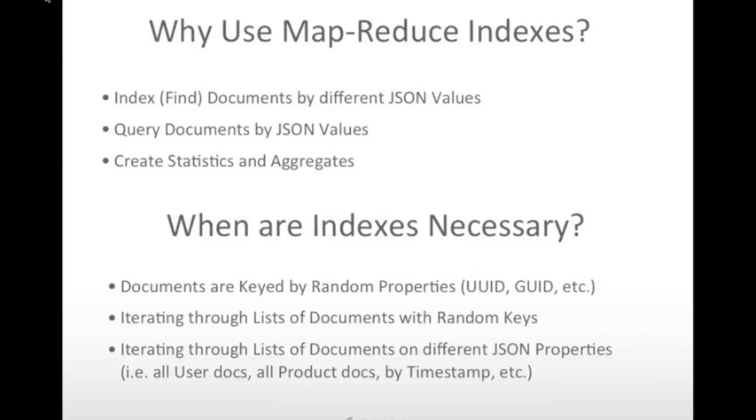We can create a map function that looks for all user documents that have a null value for their zip code and say, these are all the people that haven't entered their address. The next time they log in, I want to identify them or send out an email: update your address for 5 points, or whatever it is.